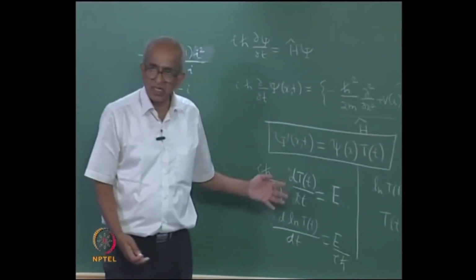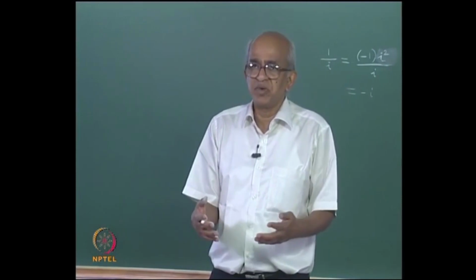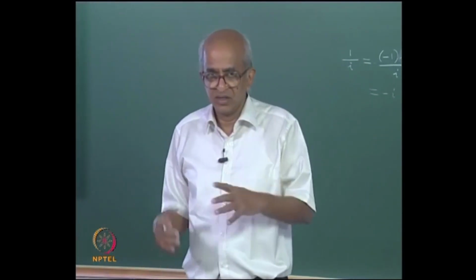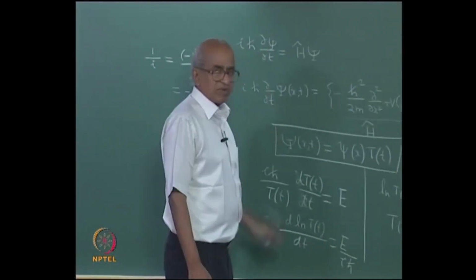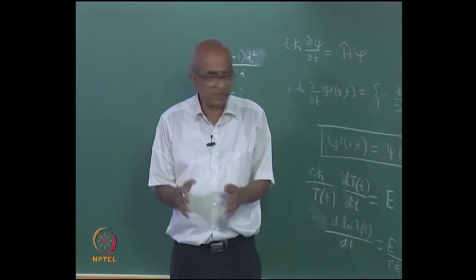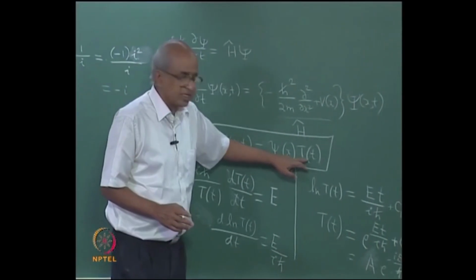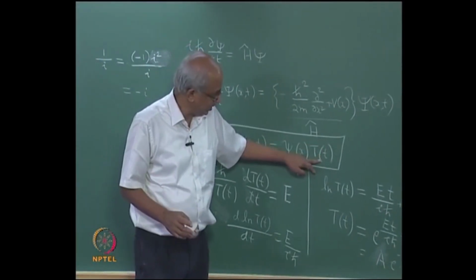See, what is our ultimate aim? Ultimately, I want to determine capital psi, because the basic equation that we have is the time dependent Schrodinger equation, which is there on the screen, right. I have also written it here. So, this is the equation that we want to solve, but we are looking for special solutions of the form capital psi is equal to small psi into capital T, and capital T we have already determined.